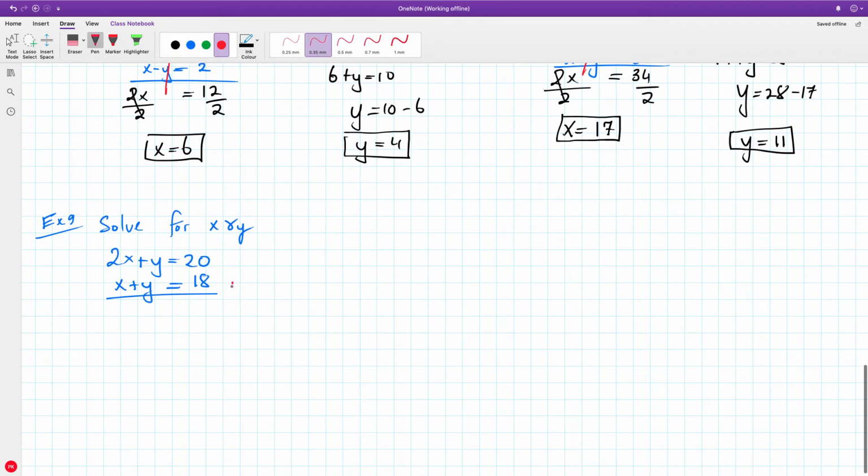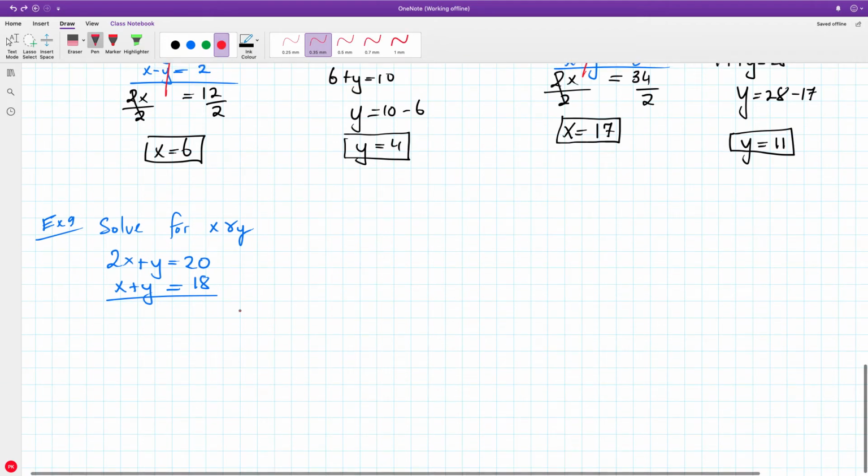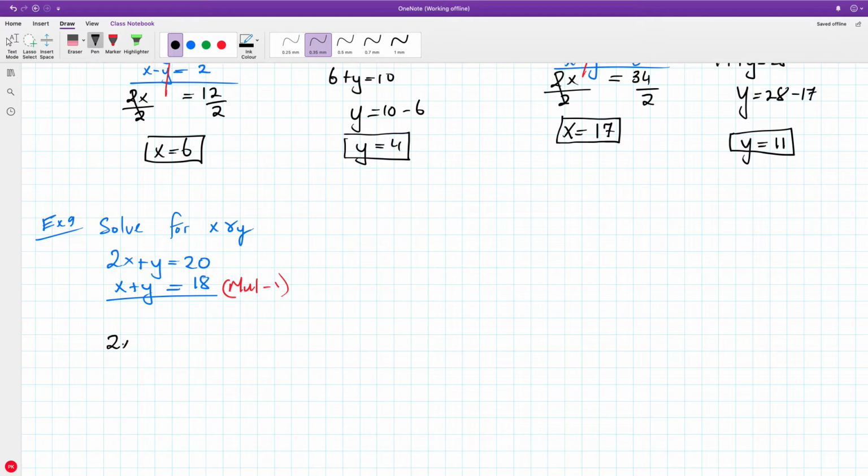So if we look at that then, we multiply our bottom line by minus 1. Top line doesn't change: 2x plus y equals 20. Minus 1x minus y equals minus 18.